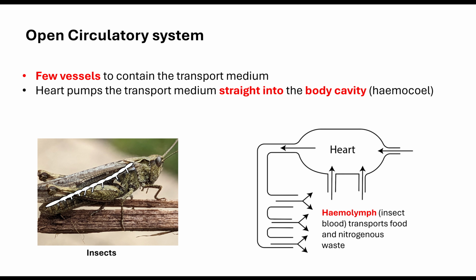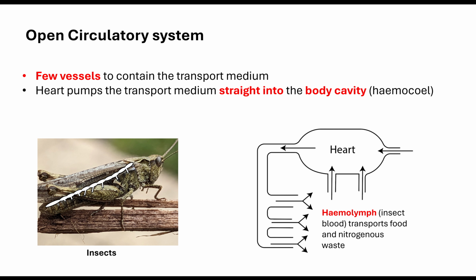That's the insect blood, and that is going to be pumped into that body cavity, and that's going to be transporting the food molecules such as the glucose, amino acids, and also removing the nitrogenous waste. And that's important because we know that nitrogenous waste, if it builds up, can become toxic.